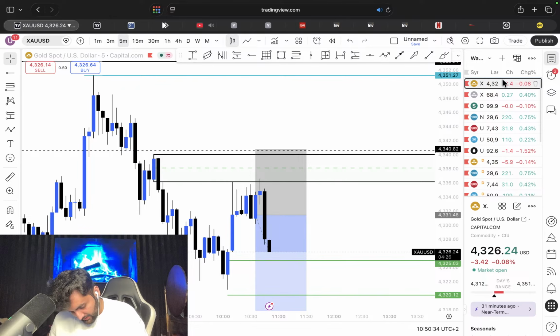Yeah, I think TP1 hit. Wait, let me check on my other account if TP1 actually hit or not. Hold on. That was very close to TP1. It didn't hit as yet.